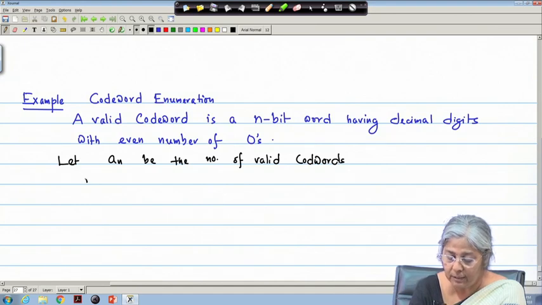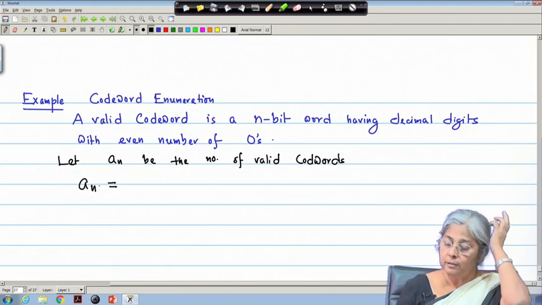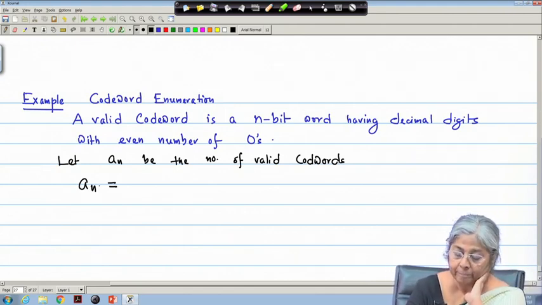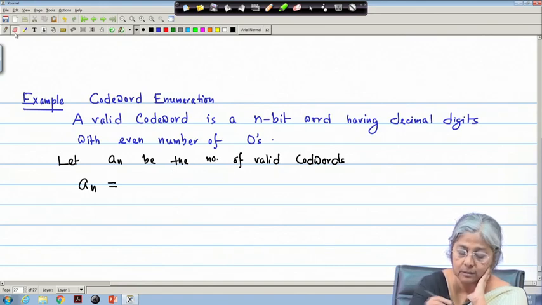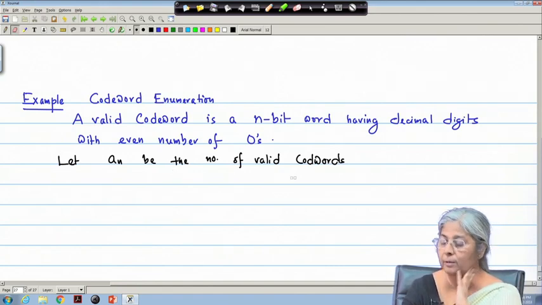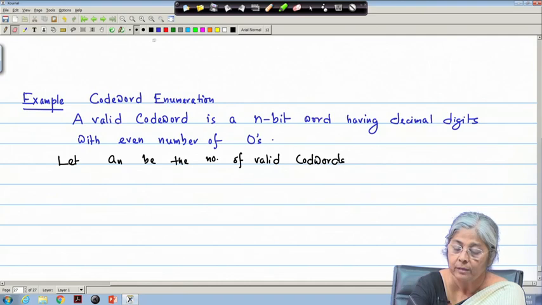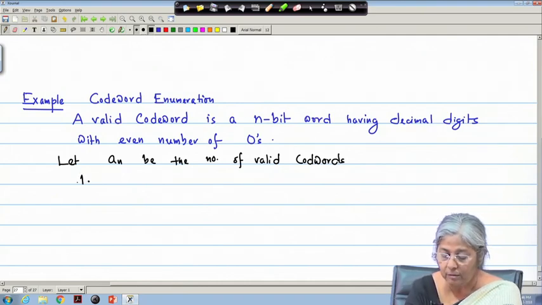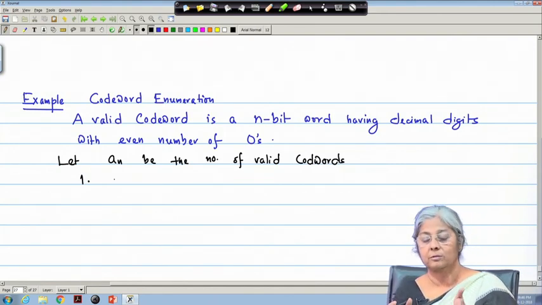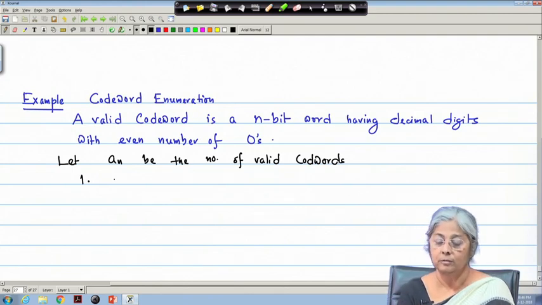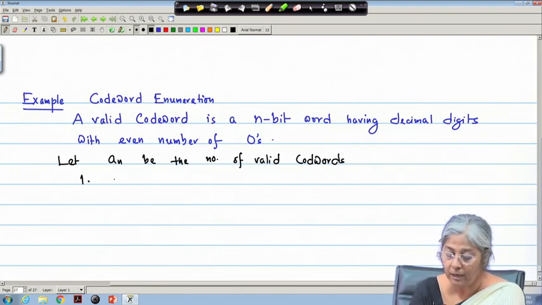See how we can get the recurrence relation of An, or how we can form the number of valid code words. So, the first letter or the first digit can be other than 0.